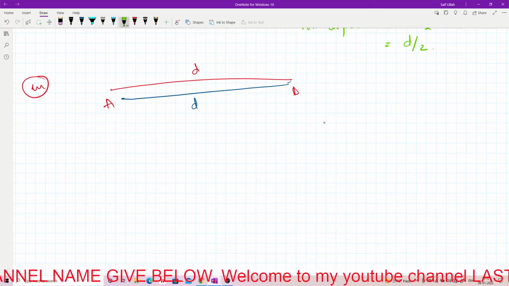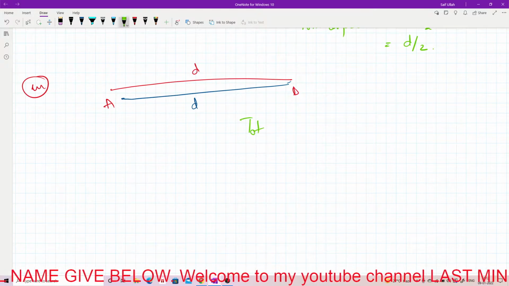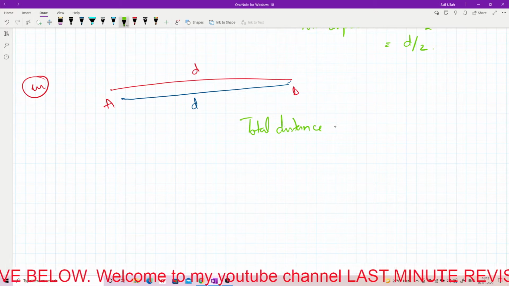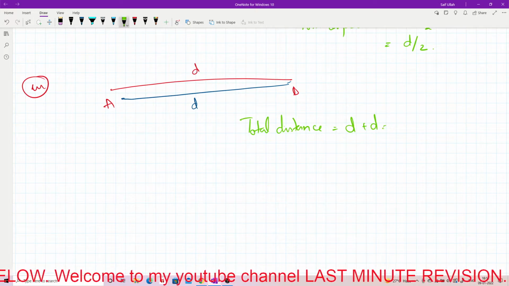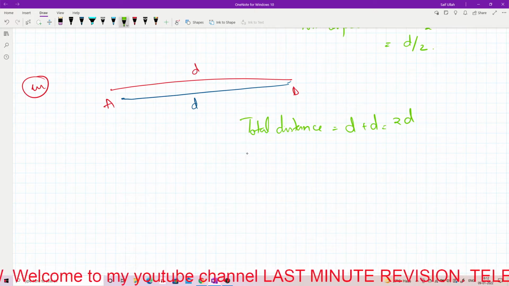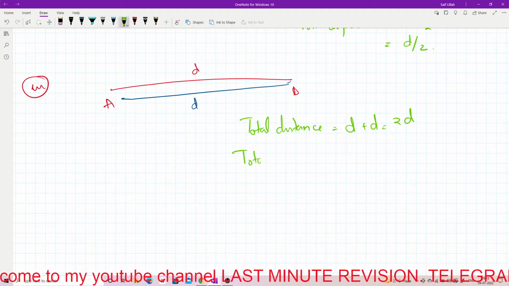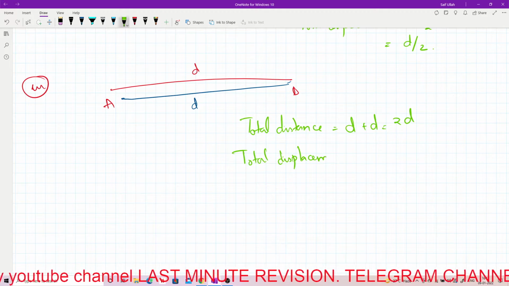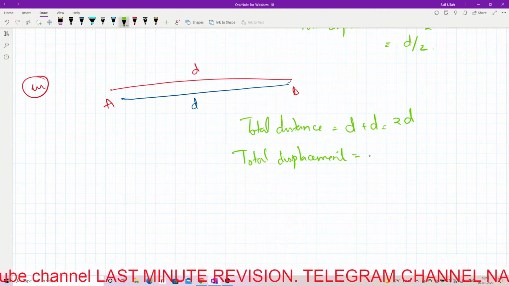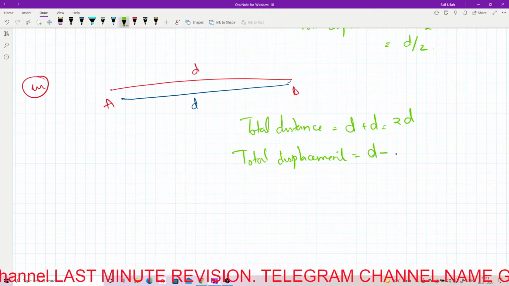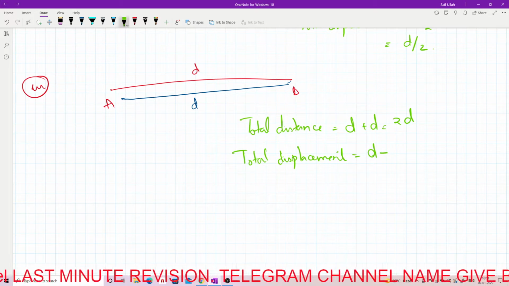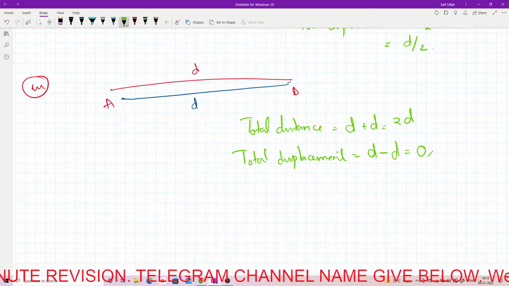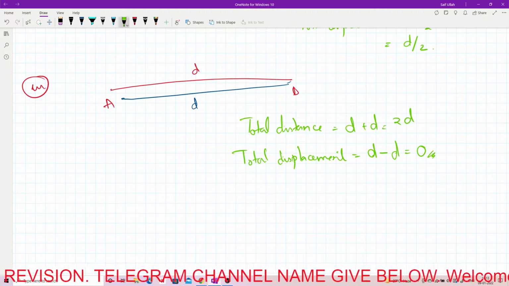Now the total distance here is d plus d, 2d, and the total displacement is d, and as it is in the opposite direction, it will be minus d. So the displacement is 0 here.